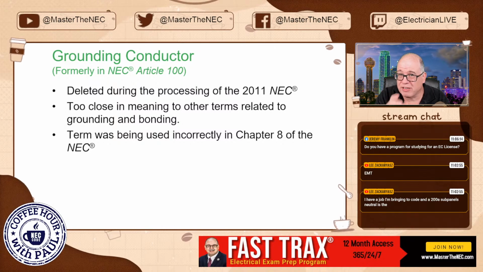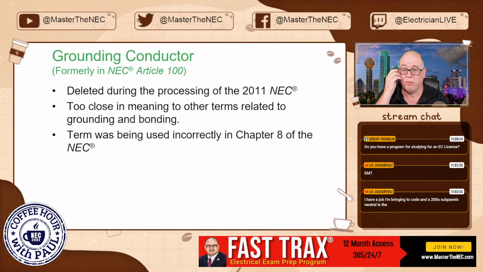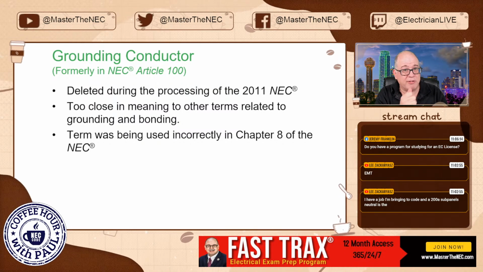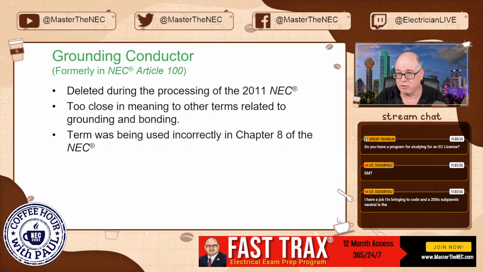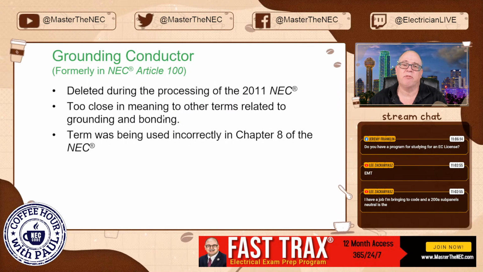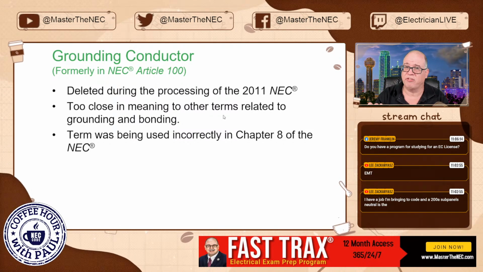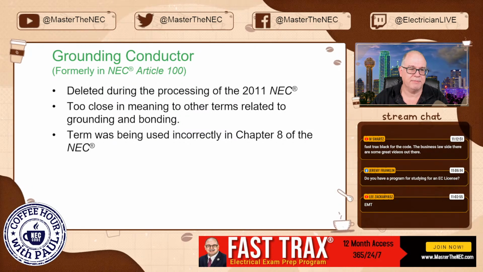I usually see people using it a lot in our Fast Tracks course, for example, and I'm like, please make your answer specific. It's either a grounded conductor or an equipment grounding conductor, okay? And it was used in Chapter 8, which is a standalone chapter in the NEC. It was used improperly all the time, okay?